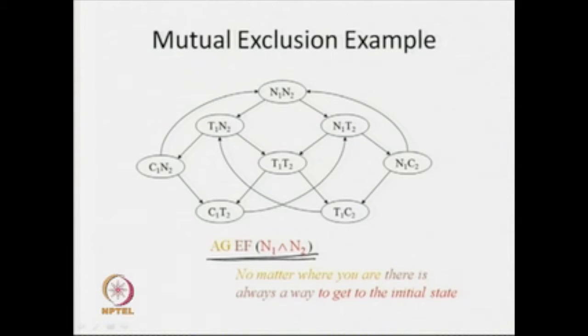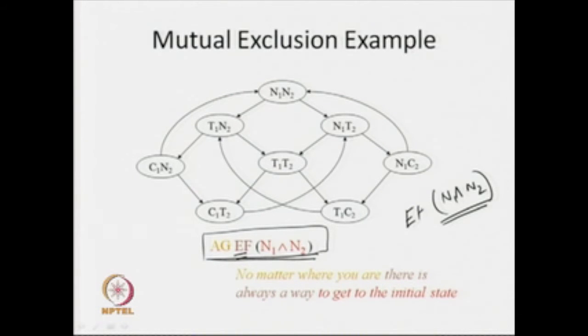If you look into this expression, I think you can recall that this is indeed a CTL formula. N1 and N2 are two atomic propositions connected by a conjunction, so N1 and N2 is a CTL formula. Now, this is EF. What is EF?